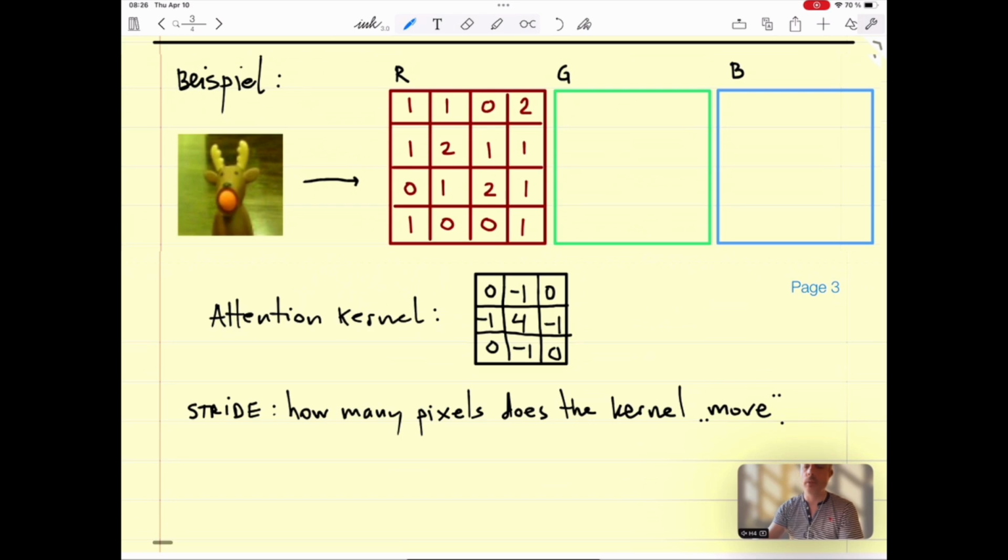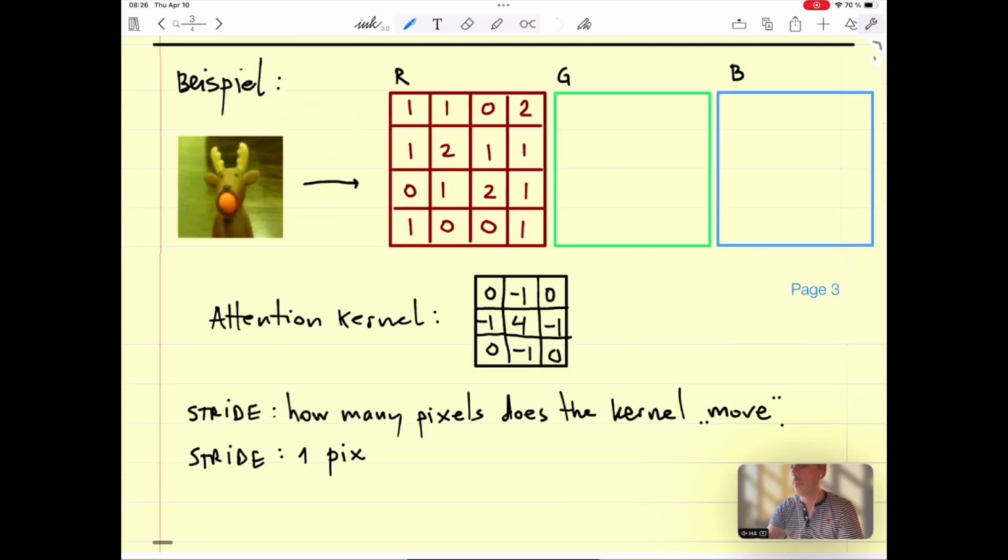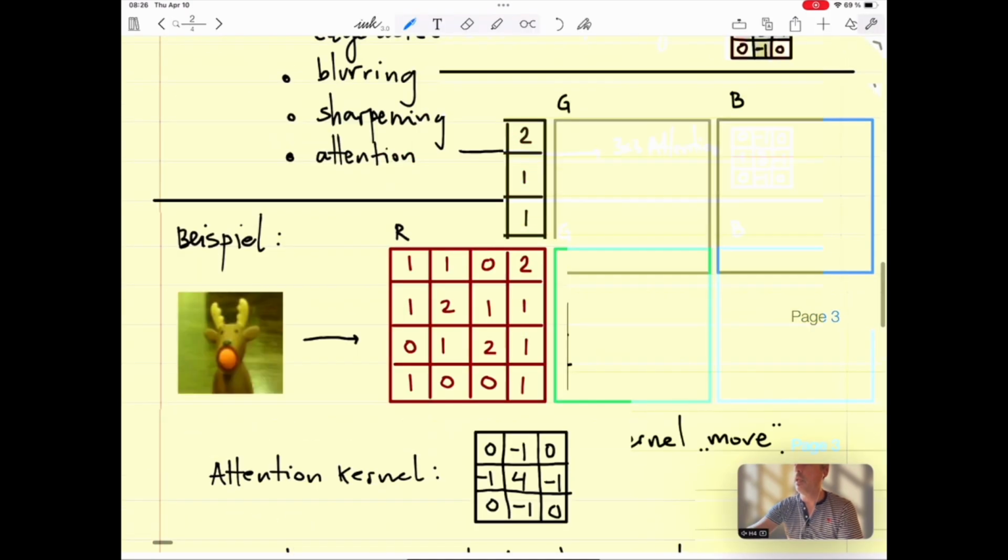In this case we will say the stride is 1. You will see what this means in a second. Okay, 1 pixel.